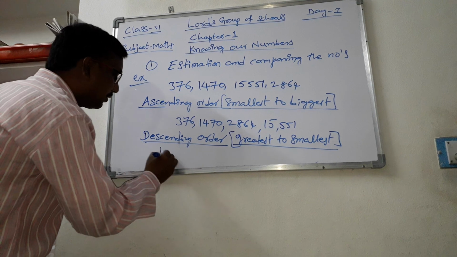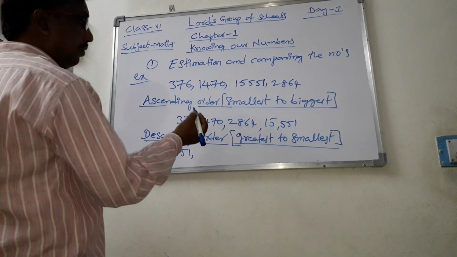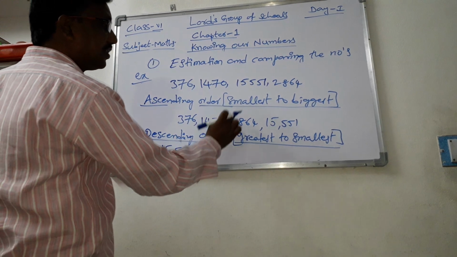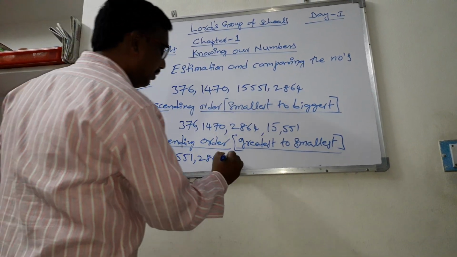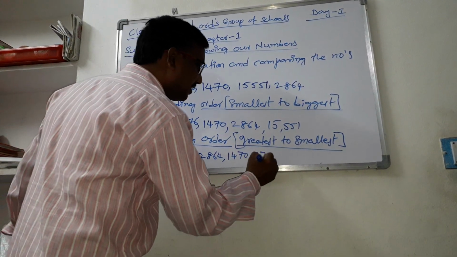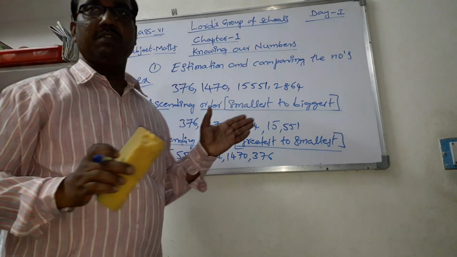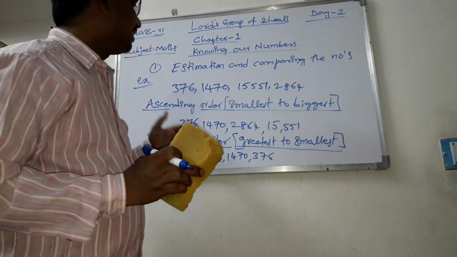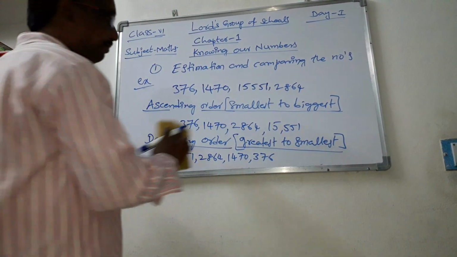So we'll write that first, 15,551, and next 2,864, and 1,470, and lastly the smallest number is 376. This is how we arrange the given numbers, by comparing them, in ascending or descending order.